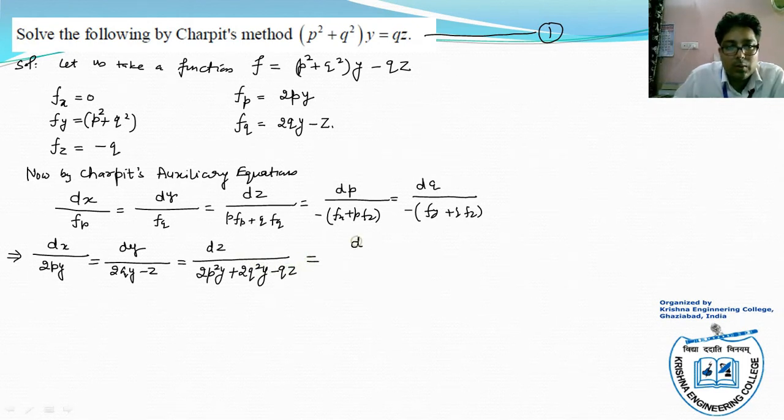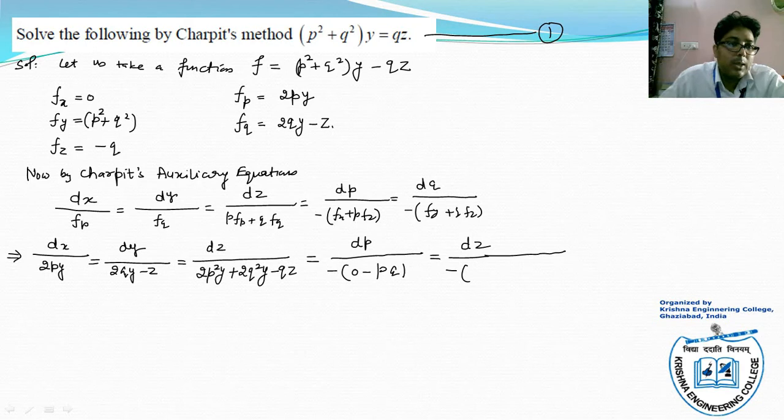Then dp upon minus fx minus p fz: fx is 0, p fz is minus pq, so this is pq. Then dq upon minus fy minus q fz, which is minus (p squared plus q squared) plus q squared.